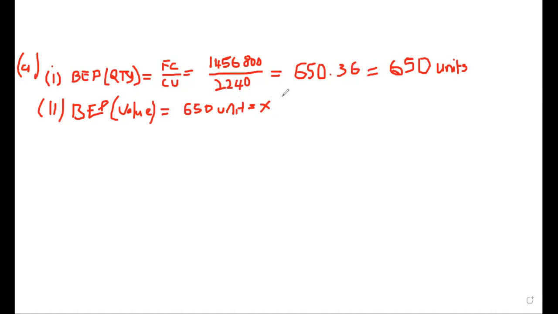So our selling price is given in the question as 8,000. So we multiply 650 units times 8,000. What will be our break-even point value?